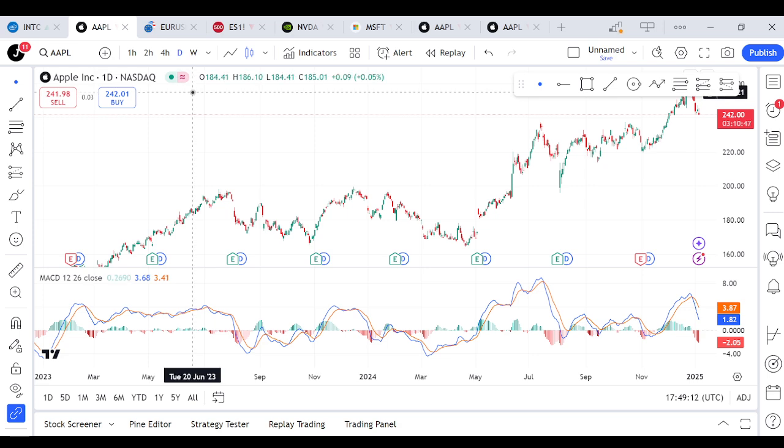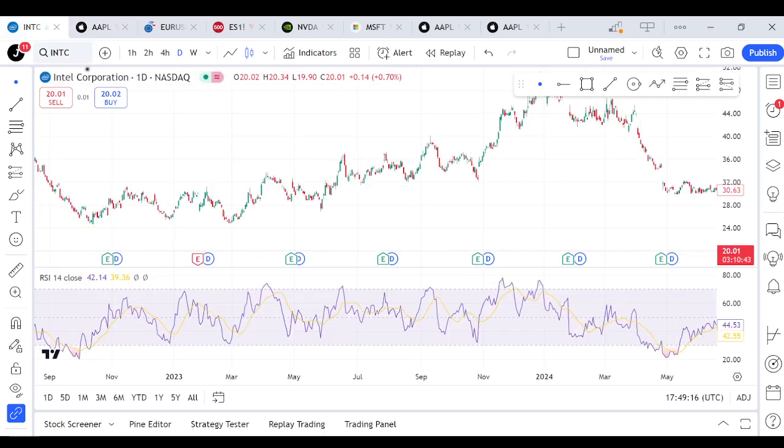These extreme readings often precede price reversals, giving you early warning signals of potential changes. Another important aspect is divergence. When price movement doesn't match the momentum reading, these situations often provide valuable insights into possible trend reversals or continuations.